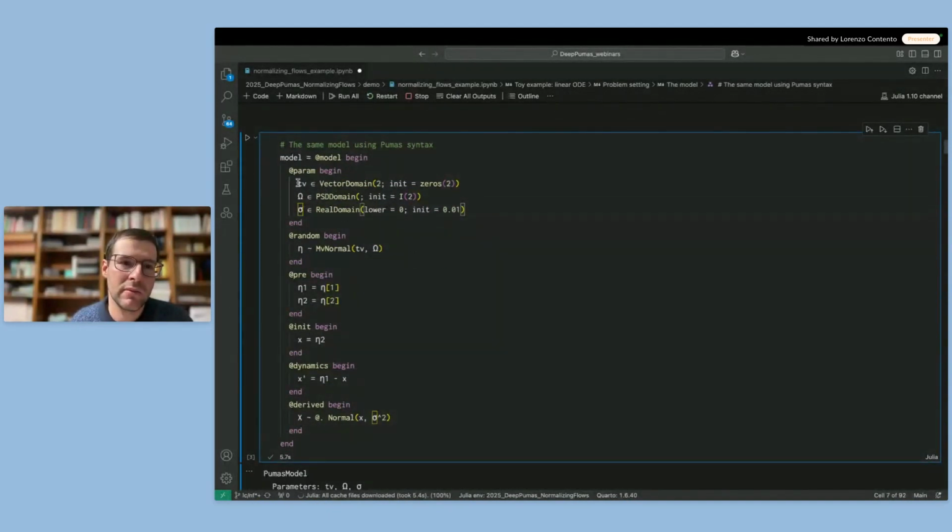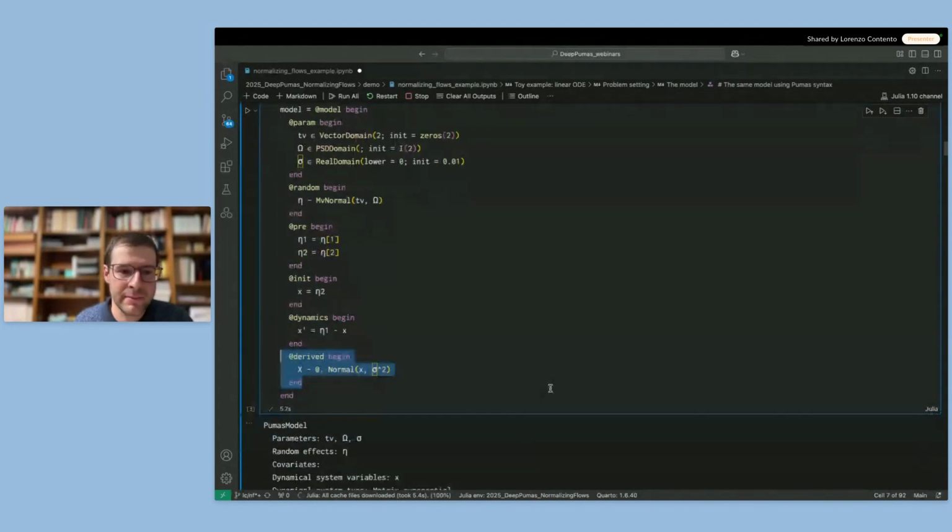So typical value is a vector, omega is a positive semi-definite matrix, which is a covariance matrix, and sigma is just a real number bounded away from 0. Then we write the distribution of eta, just multivariate normal. We have some shorthands for eta 1 and eta 2. Then we define the ODE system here with initial conditions and ODE formulas, and then we have the distribution of the observations. So this is our model.